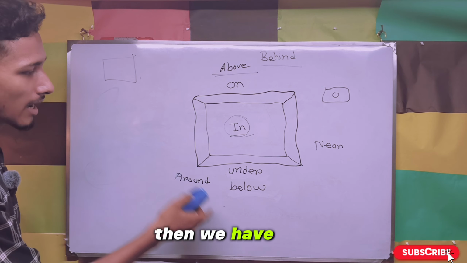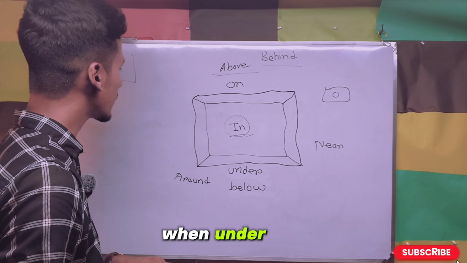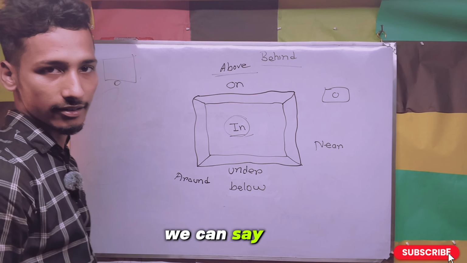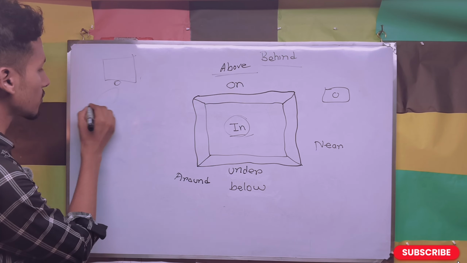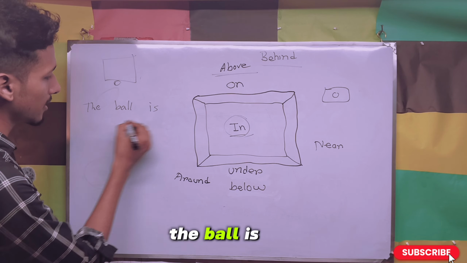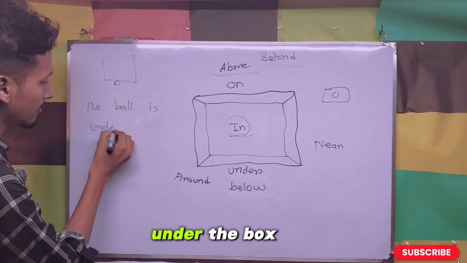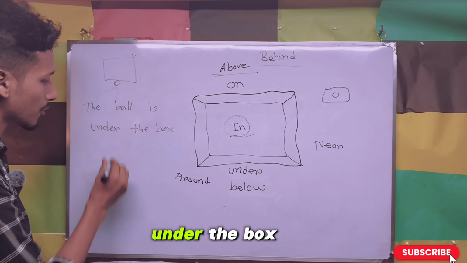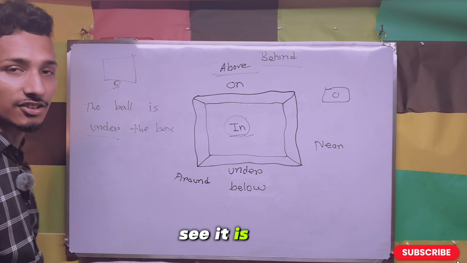Then we have "under". When it is here, we can say under. Suppose the ball is under the box. Here you can see it is under.